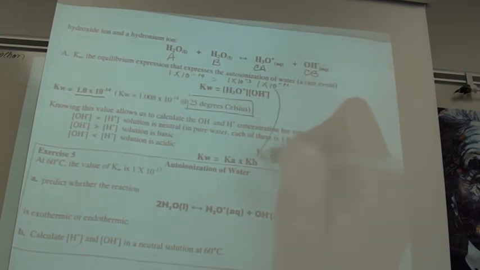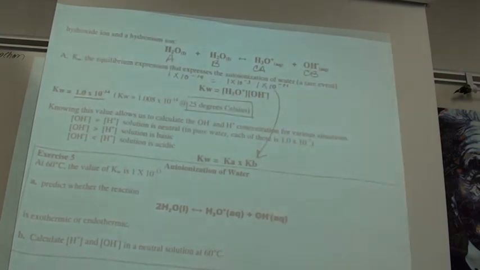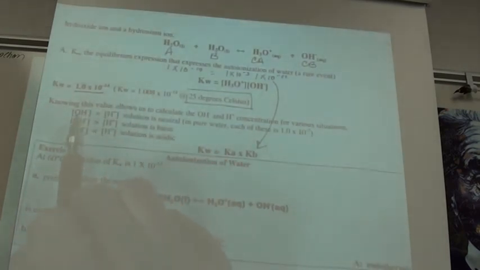If you check out the molarity of the hydroxide ion concentration, and you find it's equal to the hydrogen ion concentration, it's a neutral solution. Go ahead and drink it. If the hydroxide ion concentration is greater than the hydrogen ion concentration, the solution is basic. Don't drink it. And if the hydroxide ion concentration is less than the hydrogen ion concentration, it is acidic.